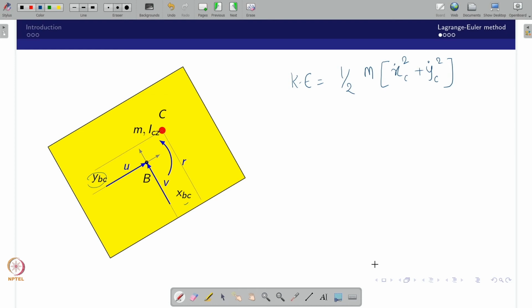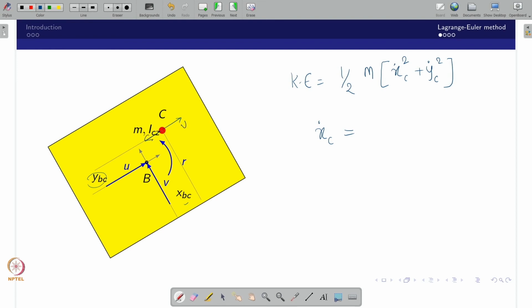We have already taken the instantaneous velocities u, v, r. Now we can find what xc dot would be. You can see that u would be there in the x axis. In addition to that, y_BC multiplied with r would be in the opposite direction.